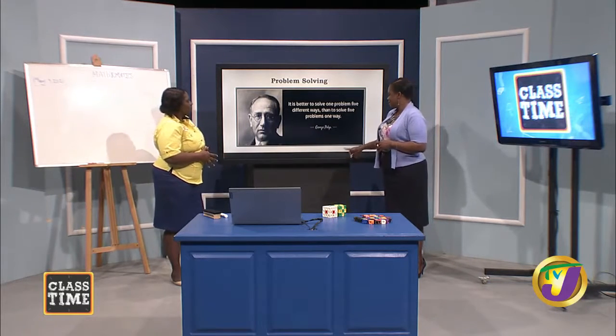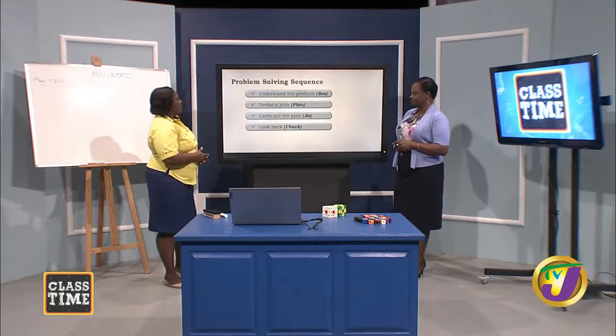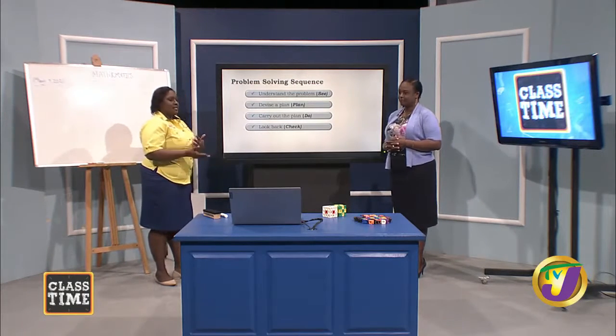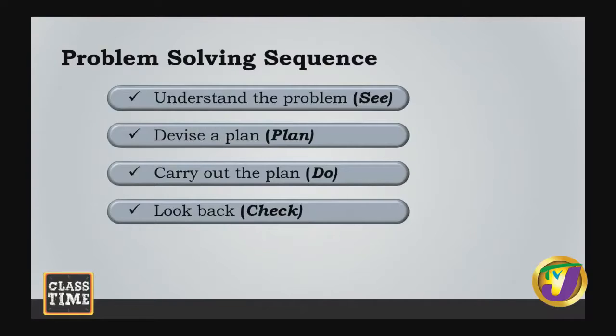Let's move on. Our colleagues before would have been looking at a series of problem-solving lessons. So, let's just recap what the problem-solving sequence includes. Go ahead, Denise. Okay. So, the same George Polya came up with this strategy sequence.